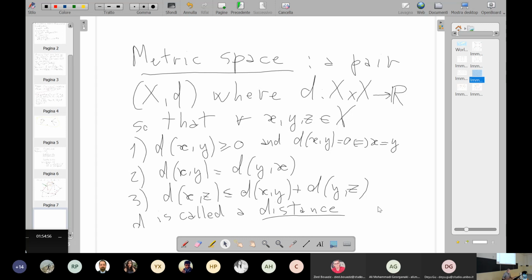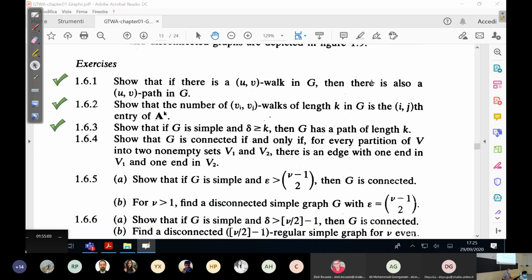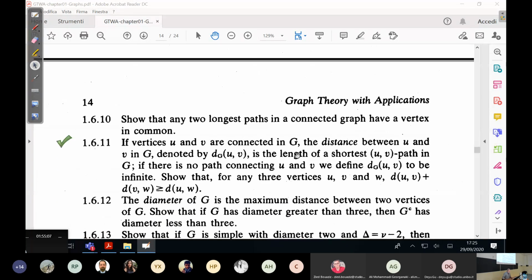And what the textbook says is that we can have a distance in a connected graph. Or you can extend it if you assume that a distance can also be infinite.